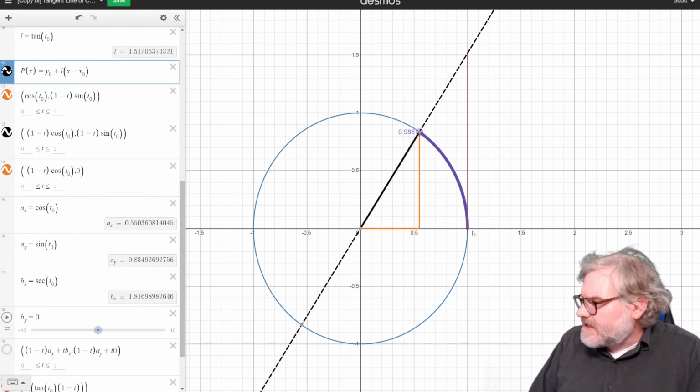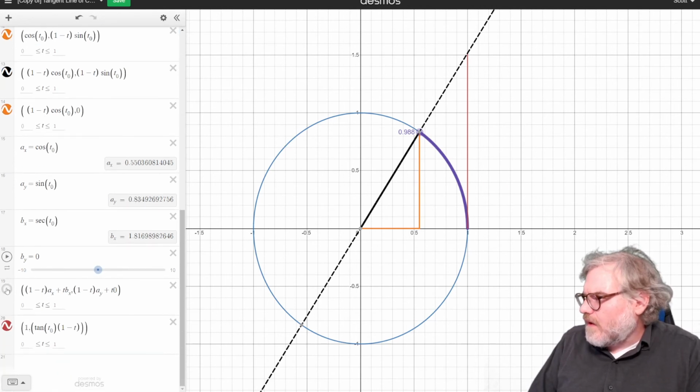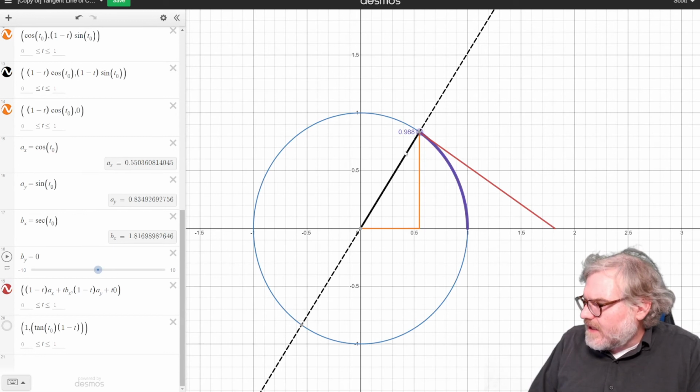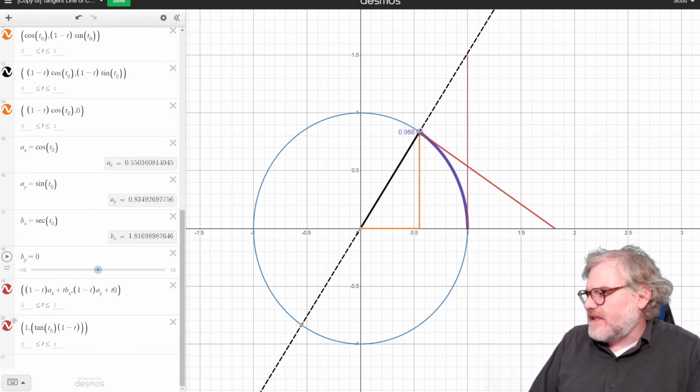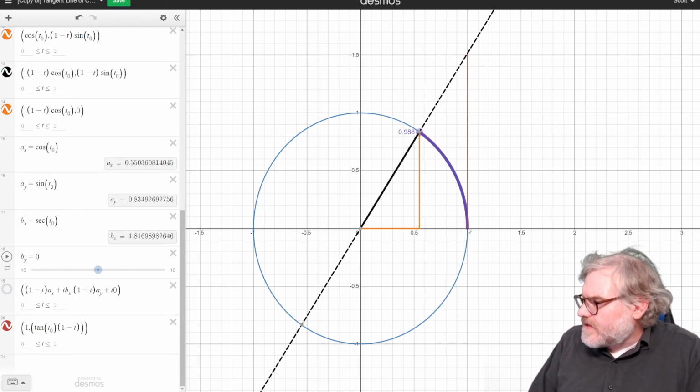So my radius down here, which was on the old triangle, whose length was 1, I knew that, became this side, whose length is now 1. And because I preserved that side, I've also preserved this.